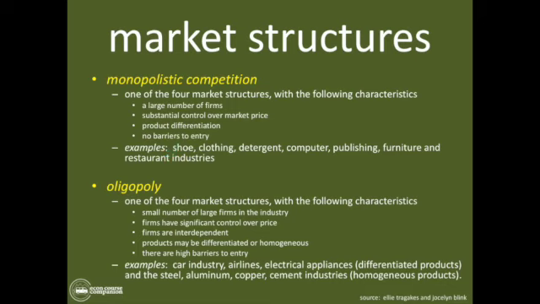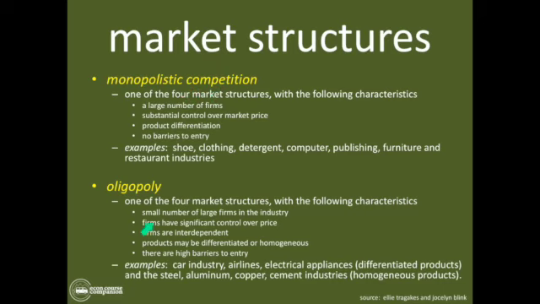LeBron James and Kyrie Irving in basketball, that's why they're getting paid millions of dollars a year, because quite frankly, it's pretty cool to have LeBrons. And if you have LeBrons, well, then that's a monopoly on any sort of shoe that has LeBron's name on it. And LeBron James is undoubtedly the best player in the world right now in basketball. So guess what? Nike kind of has a monopoly on basketball shoes that have LeBron's name on it, but they're competing in a broader market. So it's monopolistic competition.